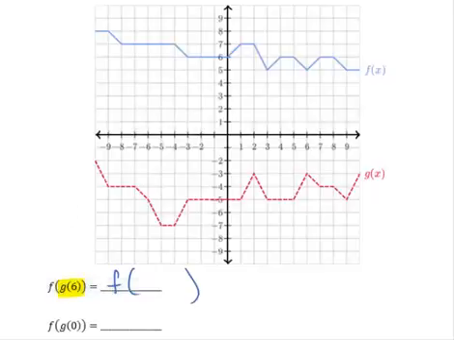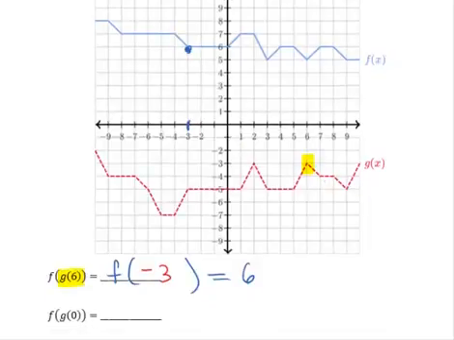Take a look on our graph. g of 6, right there, which is negative 3. So then we go to our graph, and now we look for negative 3 and say, what is f at negative 3? f at negative 3 is positive 6. So we do that inside part first, get a number out, then that number, negative 3, goes in. So we end up jumping around the graph in kind of this fun way here.